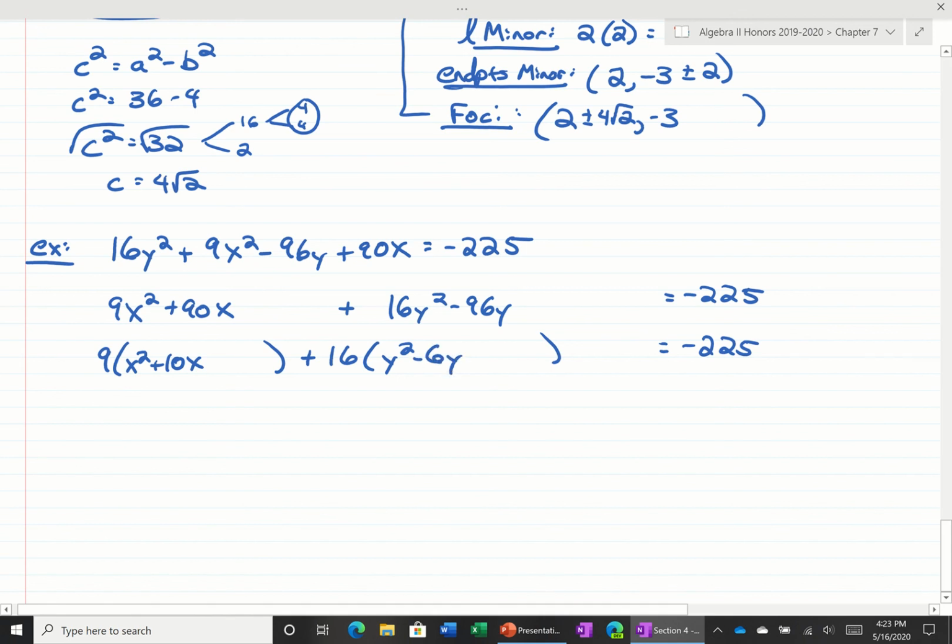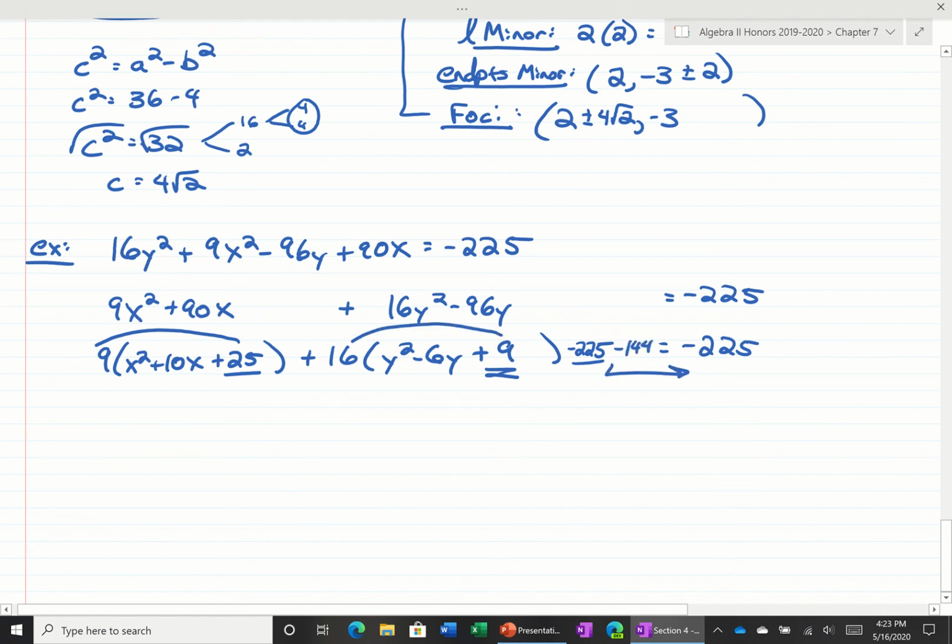Alright, so half of negative 6 squared is 9. So 3 squared is 9. Half of 10 is 5. 5 squared is 25. 25 times 9 is 225, so we're going to subtract 225. 9 times 16 is 144, so we're going to subtract 144.